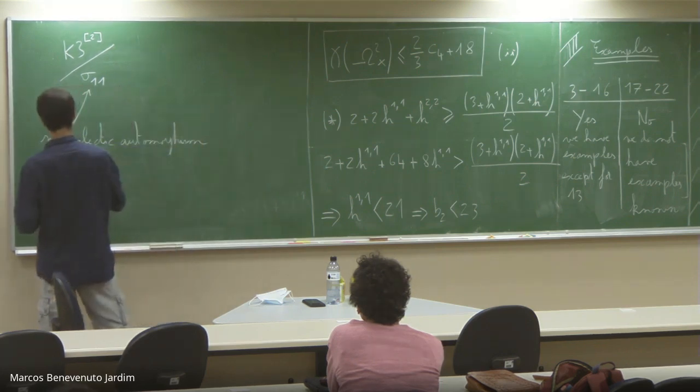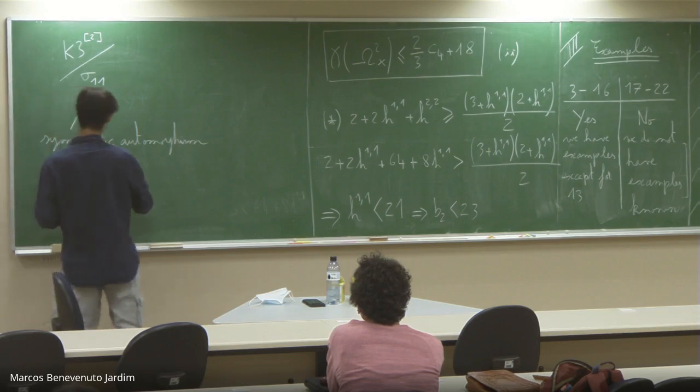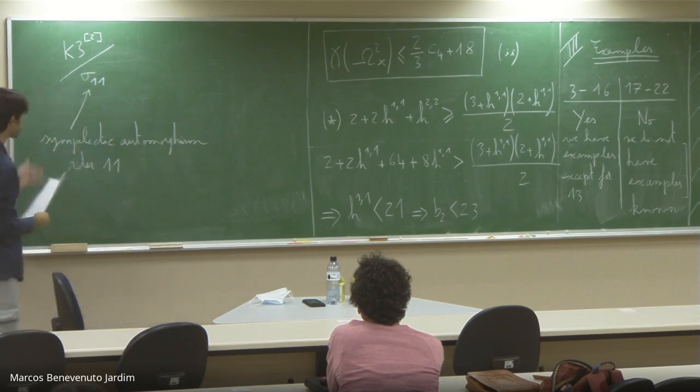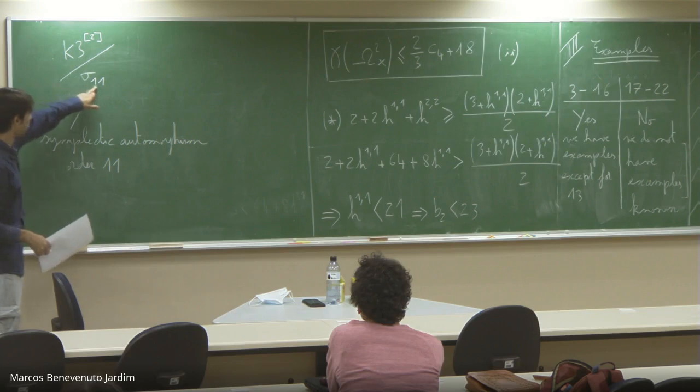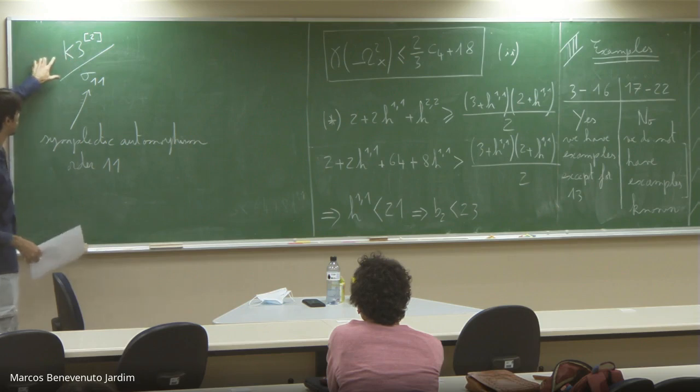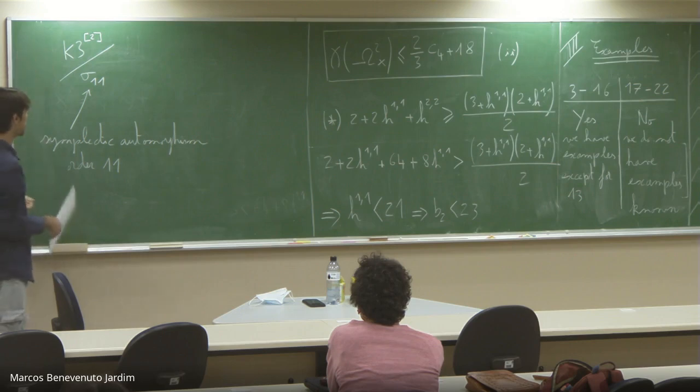This has been constructed by Mingardi. And it has only isolated fixed points. So this will have only isolated singularities, so I do not need to do any resolution. It already has singularities of codimension bigger or equal to 4. So this is an example.